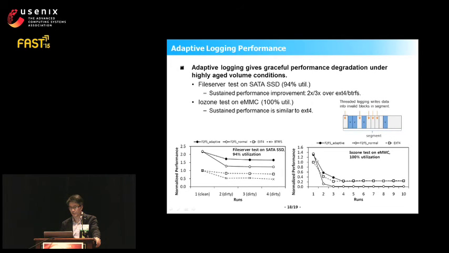But when you use adaptive logging, the performance is similar to ext4 in sustained state. And for the SATA SSD test, the performance is better than the ext4 case, and adaptive logging gives a performance gain over F2FS normal cases.